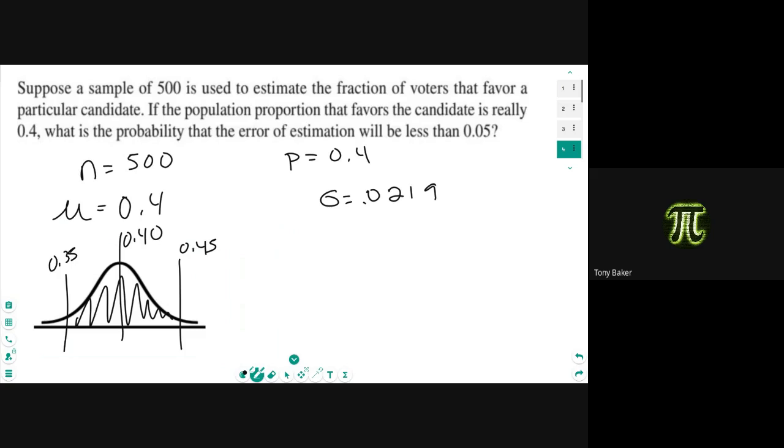Does everybody understand why it's in between, even though it says less than? If I was at 39%, what's the error? 1%, right? Is that less than 5%? Yes, and 39 would be in there.